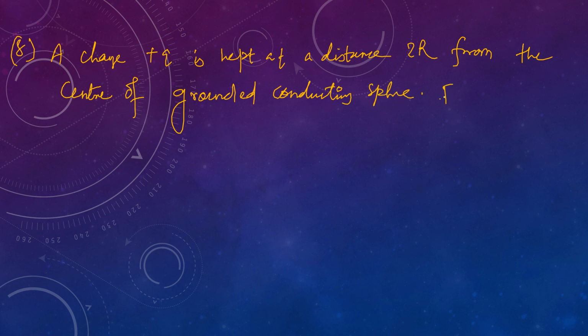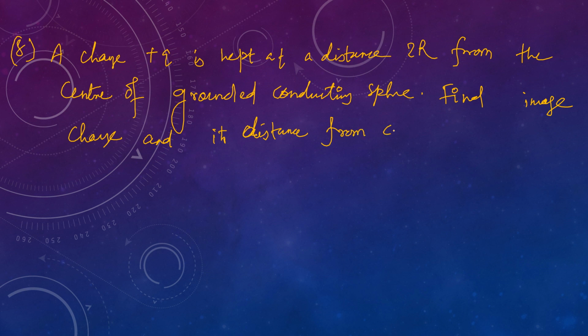Find the image charge and its distance from the center. A charge q is placed at a distance of 2r from the center of a grounded conducting sphere. Find the image charge and distance from the center.